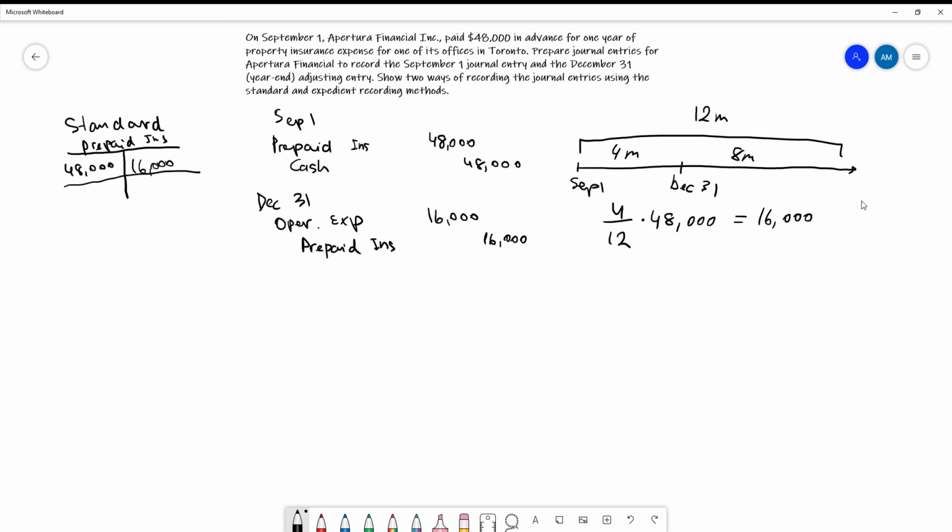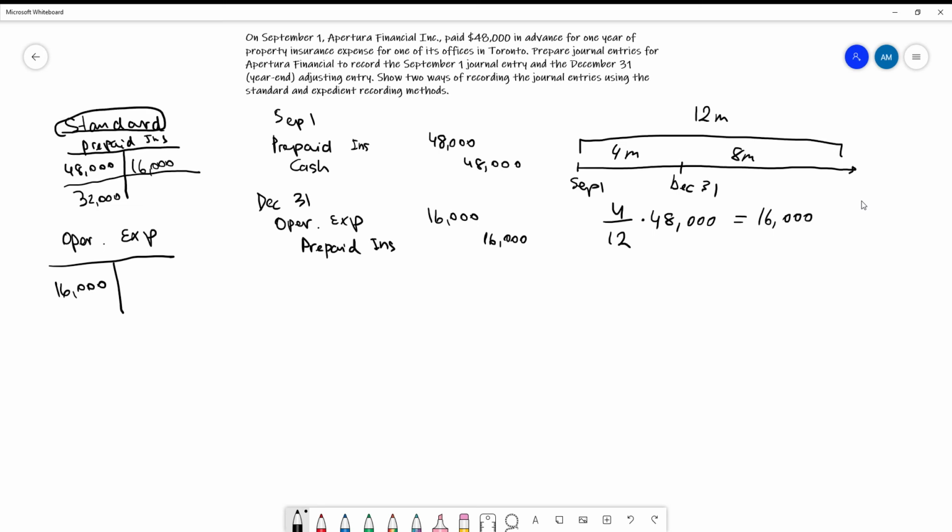So the net prepaid insurance is $32,000. For operating expenses, we have 16,000 that the company incurred by December 31st. So this is under the standard approach.